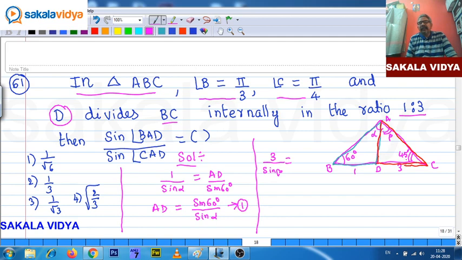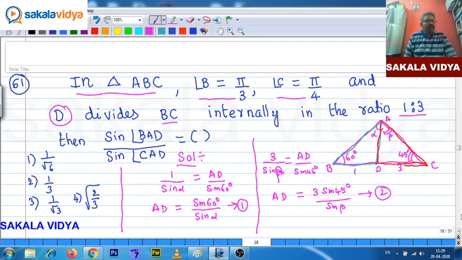Again AD is opposite to 45, so AD by sin 45. Here also we can find AD. AD equal to 3 sin 45 degrees by sin beta. Say equation 2.